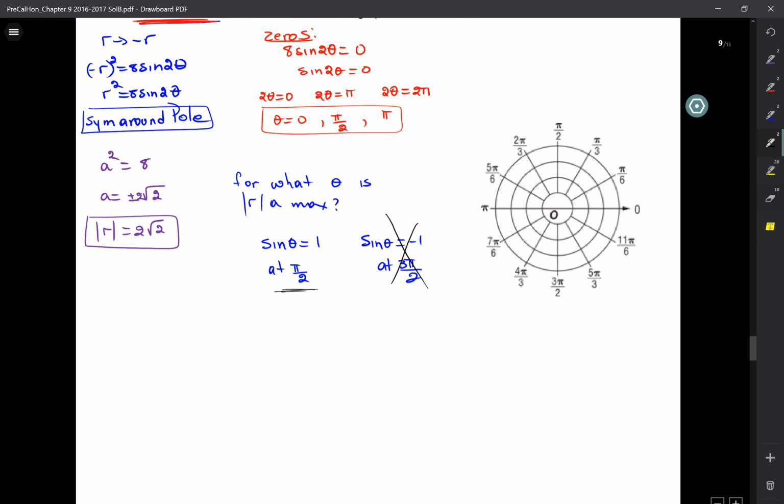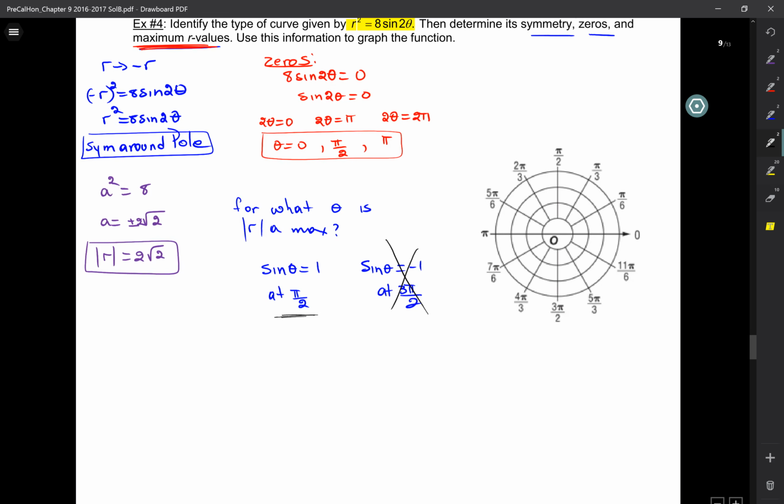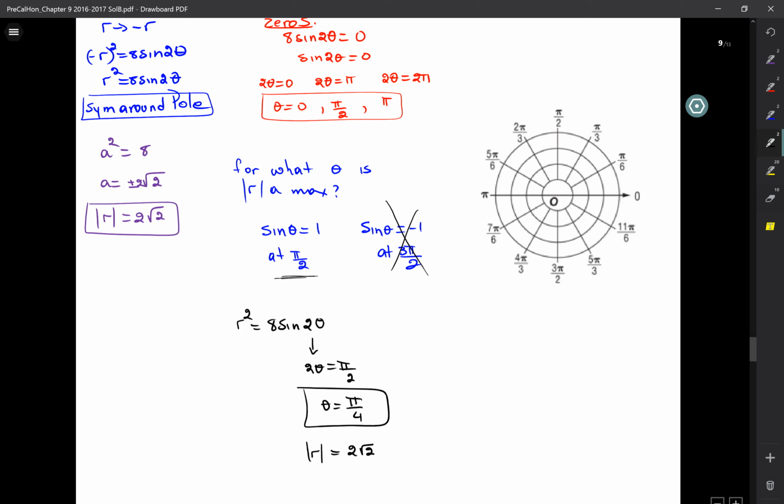Sine of theta is 1 when the angle is pi over 2. What is the angle in this problem? 8 sine 2 theta. So I say 2 theta is equal to pi over 2. Theta is equal to pi over 4. The value of R is 2 root 2.